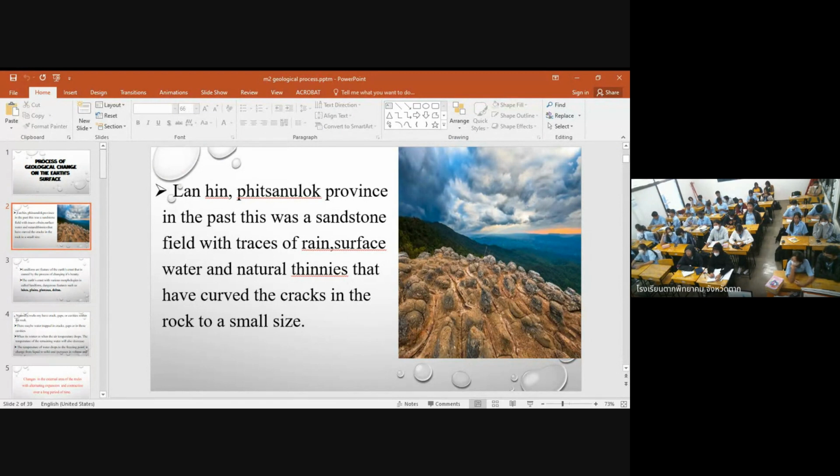That picture is where you can see in Pitsanulok province. There is a tourist spot there that has stone cracks or small carved cracks.